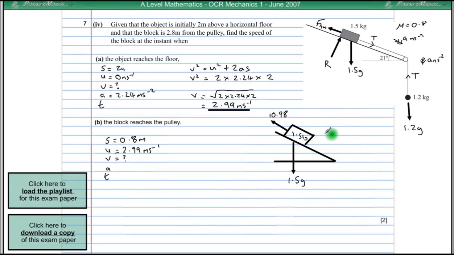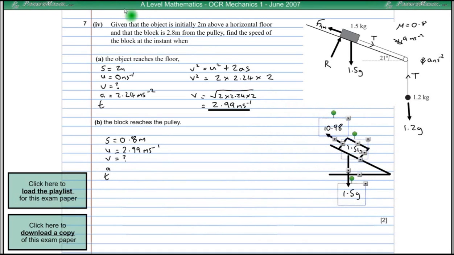And we're interested in the acceleration of this block. So, let's resolve forces down the slope. Positive direction will take us down the slope, same as before.